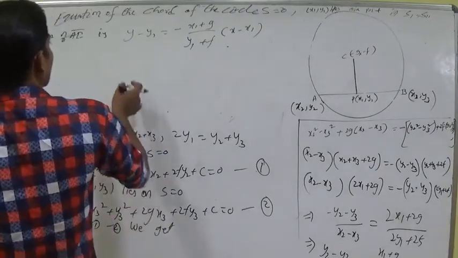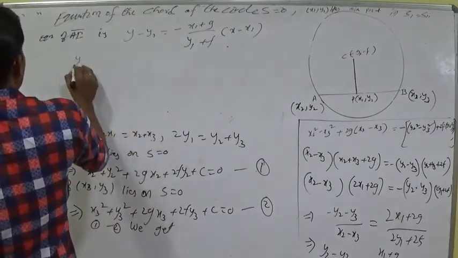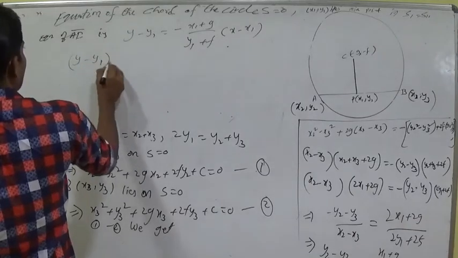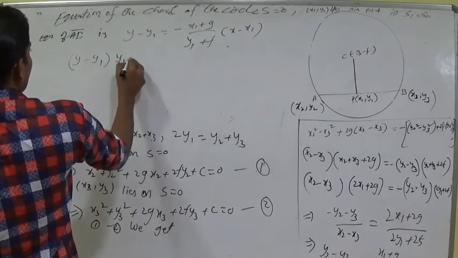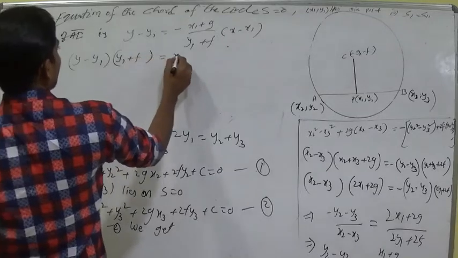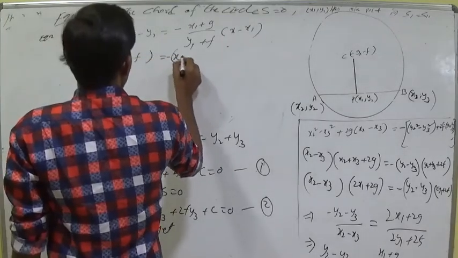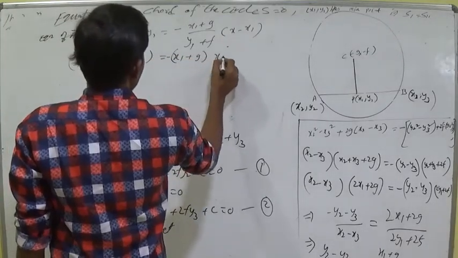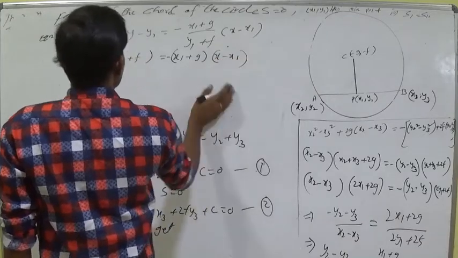See, y minus y1 into y1 plus f equal to minus of x1 plus g into x minus x1.